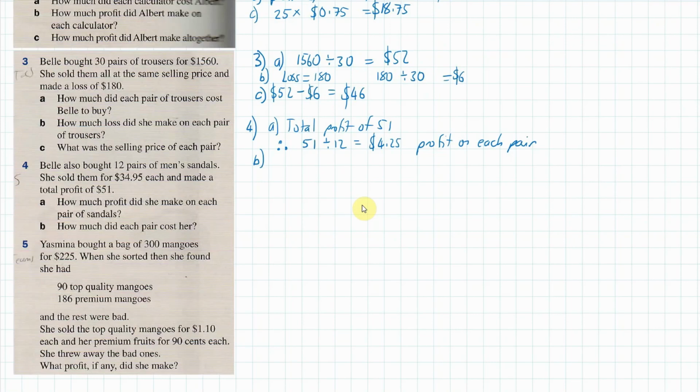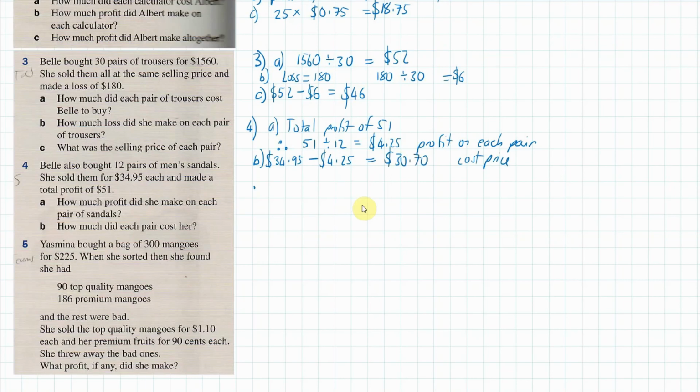We could go $34.95, which is what she's selling them for, subtract the profit that she's making on them, and that will give you the cost price of the sandals. So if we go $34.95 and subtract our $4.25, we're going to have $30.70 there.